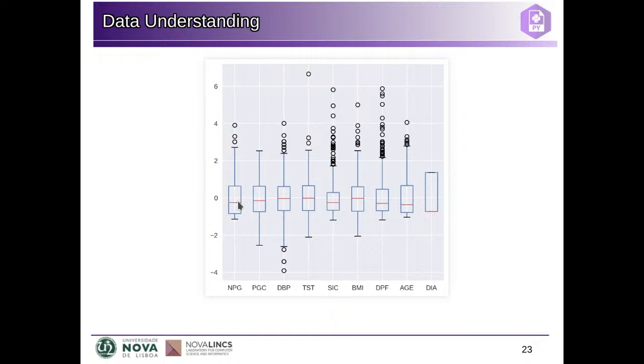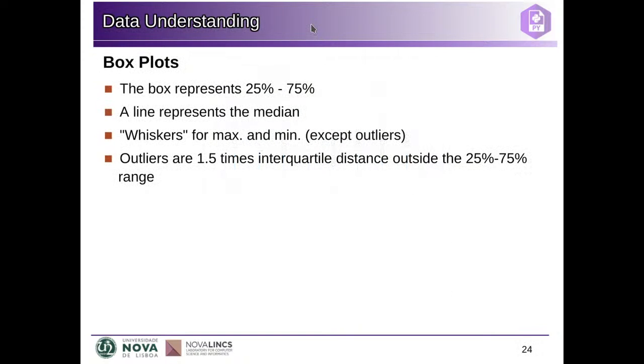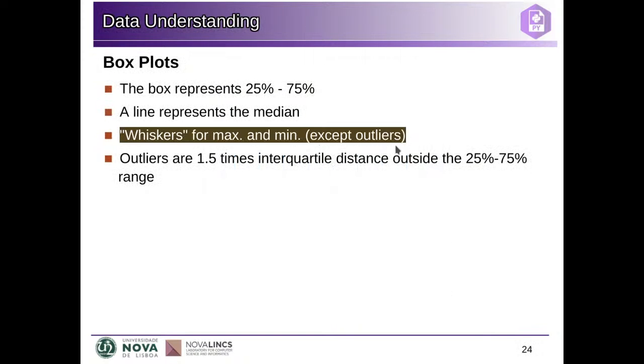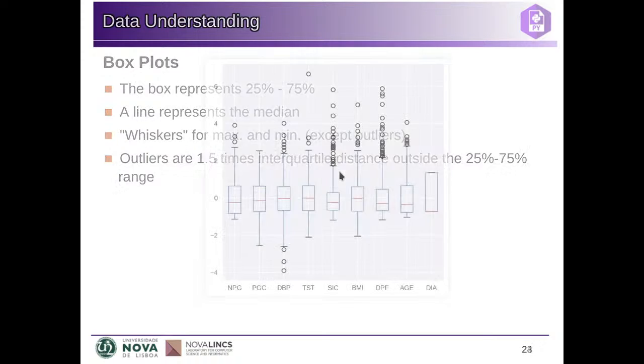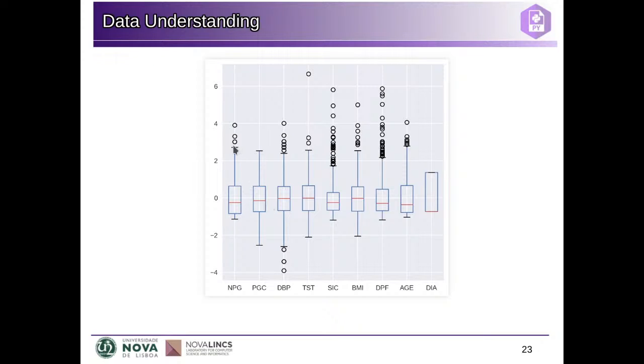So this is the line that separates half of the points up and half down, and this gives us an idea of the asymmetries in the distribution and how wide the distribution is. Then we have these whiskers for the maximum and the minimum except the outliers. So these whiskers indicate the position of those points that are within the regular distribution that we have here, and are not outliers.